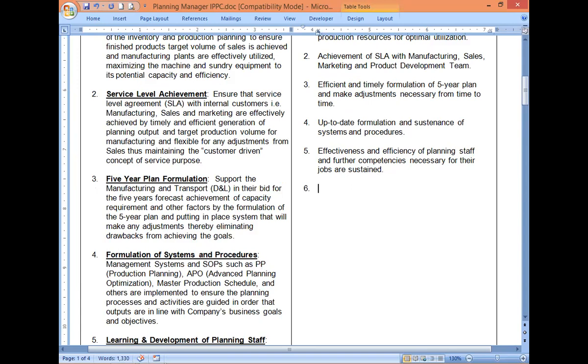So the success indicator would be, make it simple, make it short, okay? Make it precise. Okay. Sustainable, make it sustainable, right? Always room for improvement, so make it sustainable.